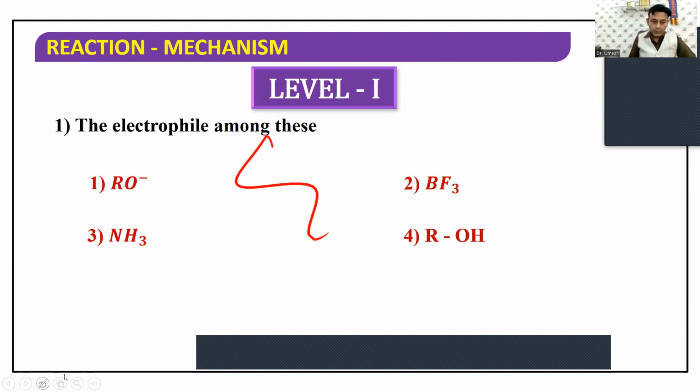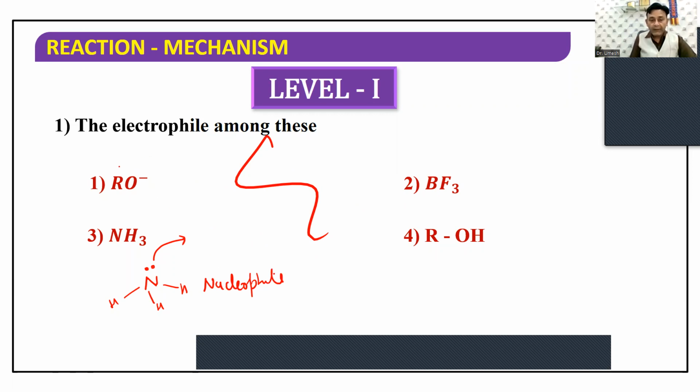So, coming to the question here, which is the electrophile? If you see the structure of all these compounds, first I'm taking the ammonia molecule, the third option here. You can see the structure is like this, and it is capable of donating an electron pair. It is not an electrophile, but it is a nucleophile.